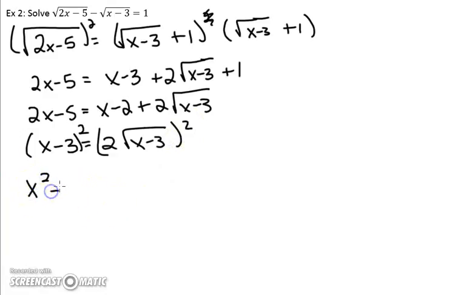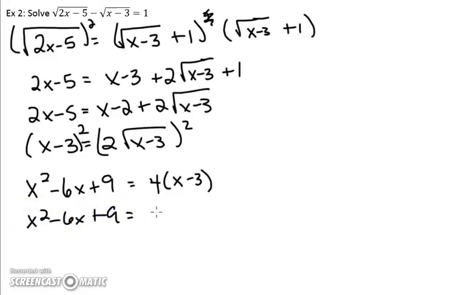x squared minus 6x plus 9. Again, make sure you're using your distributive property. Distribute your 4. And move everything to one side.